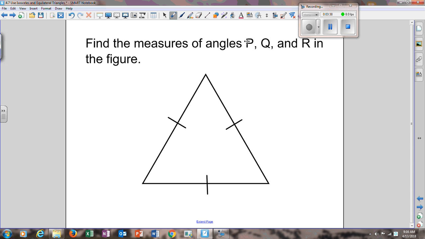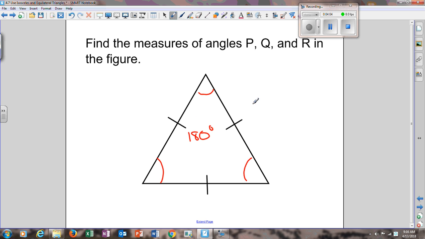So find the measures of angles P, Q, and R in the figure. Since we know that all three sides are congruent to each other based on the markings, that makes it an equilateral triangle. So we know that all three angles have to be equal. And how many degrees are in a triangle? 180 degrees.